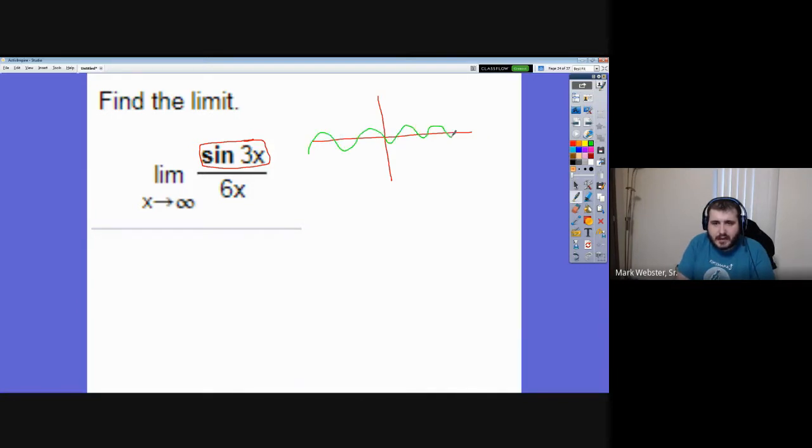It stays between 1 and -1. So really, this part is basically just a constant.